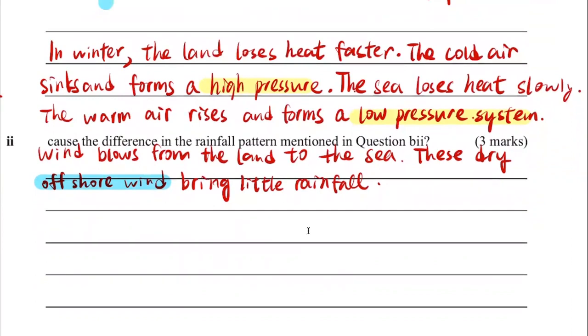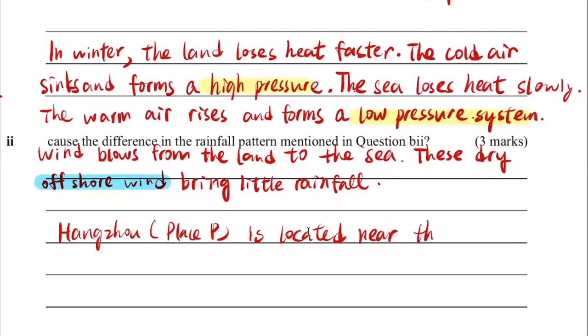So we should write down that Hangzhou, or you say place P, is located near the coastal area. So it receives more rainfall.